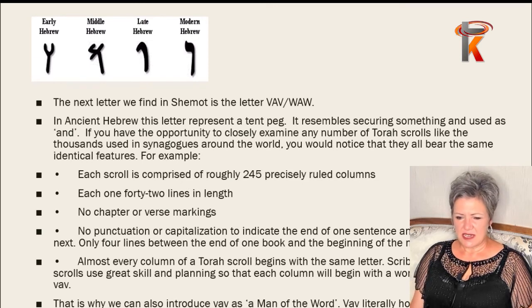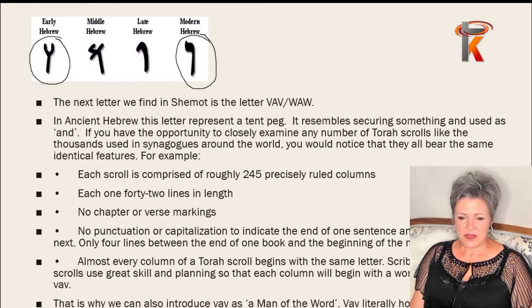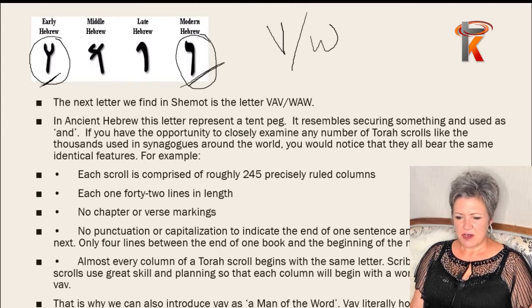Then the next letter we get is the letter Vav, and this is how it looks in the ancient Hebrew. And this was a tent peg to fasten something. Now this is a very interesting letter. My name, for instance, is Venessa, and my name starts with a V. Everybody whose name starts with a V or a W, your name will start with the letter Vav.